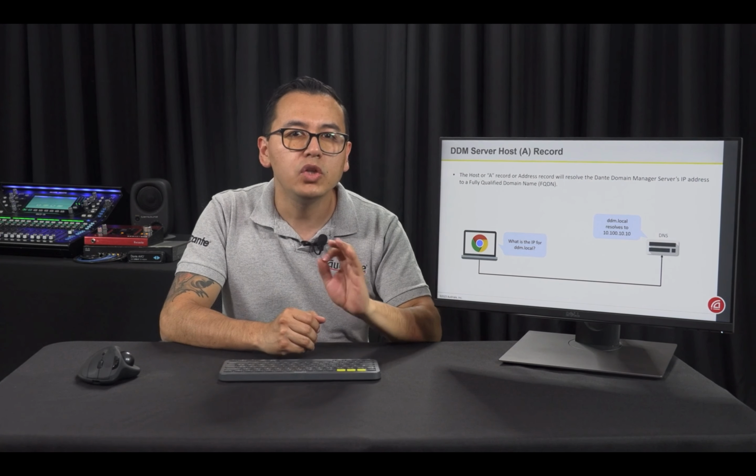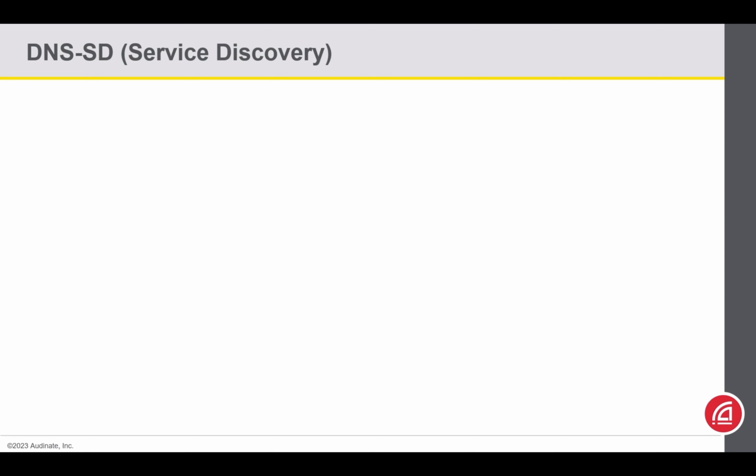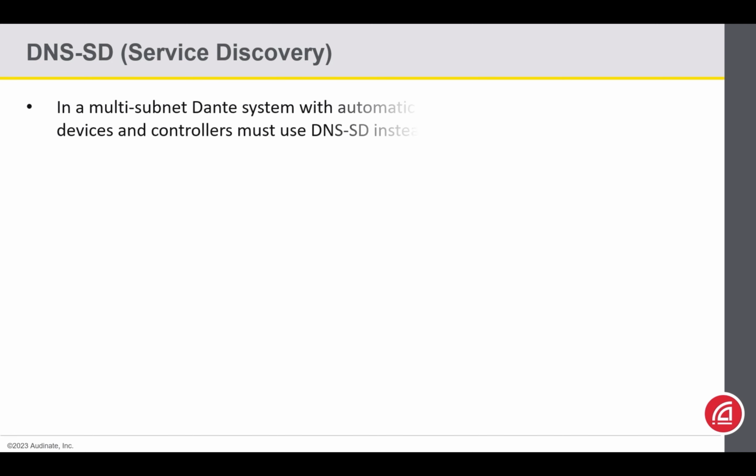Something important here is that if you change the host name from the default DDM, for example, to my DDM, you'll also need to update the host name in the Dante Domain Manager administration menu. As we talked about before, the Dante devices and controllers can use DNS-SD when mDNS is not a viable option for discovery, such as in multi-subnet Dante systems or in an HA cluster.